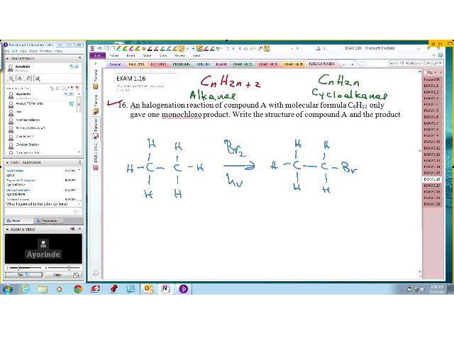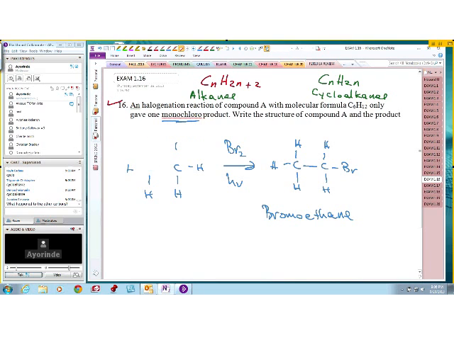No matter which hydrogen I replace here, I will get only one monobromo product, which will be bromoethane, which is to say that all of these hydrogens here are chemically equivalent. As long as you have chemically equivalent hydrogens in the molecule, you will only get one monohalo product. And that is what they are trying to tell us here.